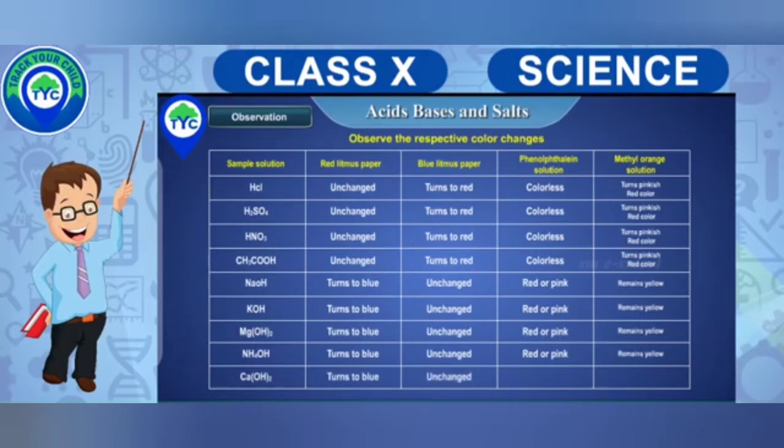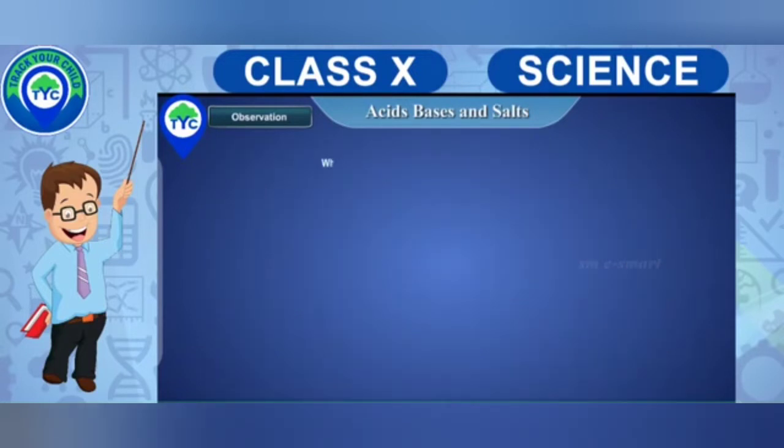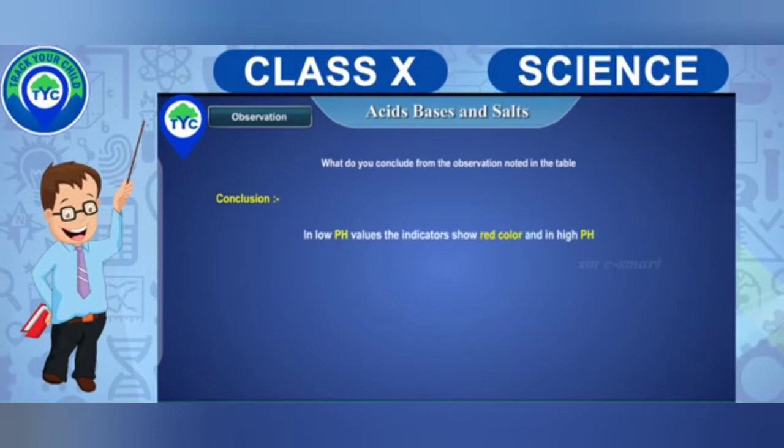What do you conclude from the observations noted in the table? Conclusion: at low pH values, the indicators show red color, and at high pH the color is yellow.